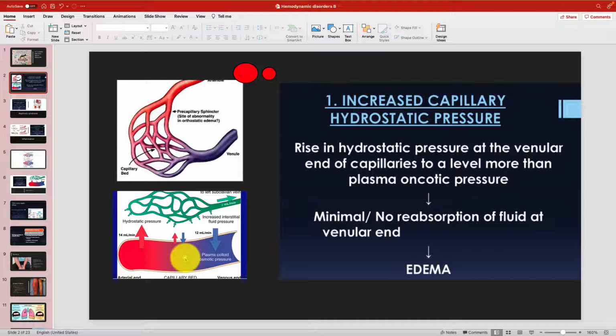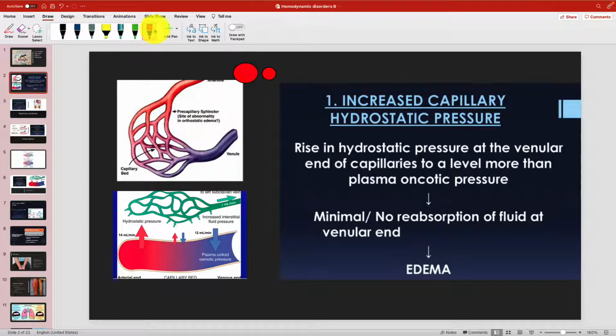So the first thing to keep aware of is when we have a rise in hydrostatic pressure, especially at the venular end, at this end here of the capillaries, what starts to happen is, let me draw this for you guys. Let's do a different color so it stands out. The endothelial cells, because you guys know that the endothelial cells line this, right? There's my endothelial cells, I'm kind of drawing them right there.